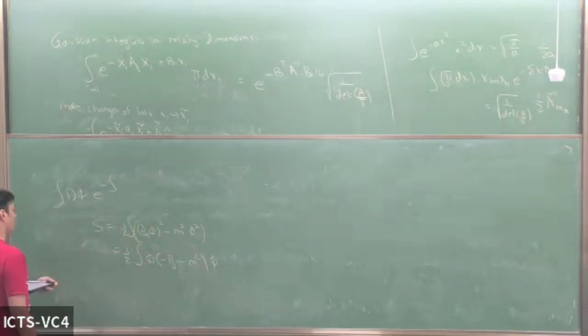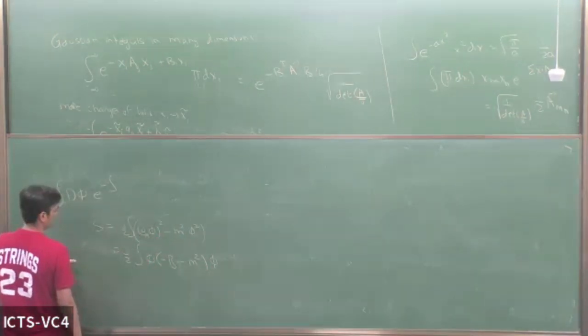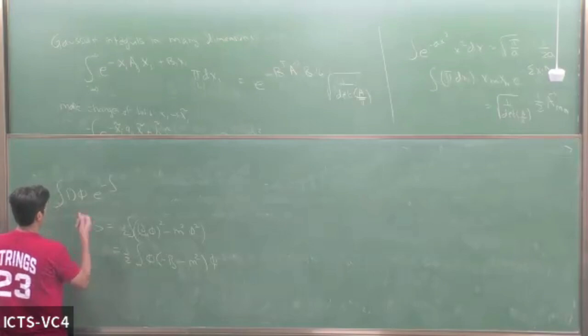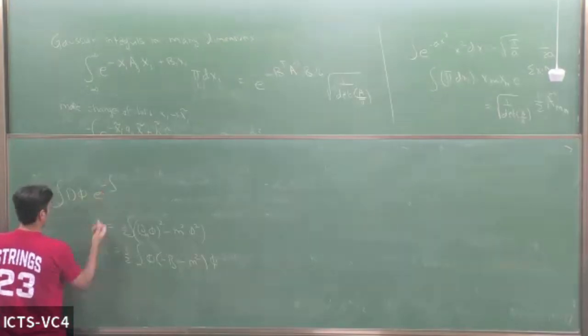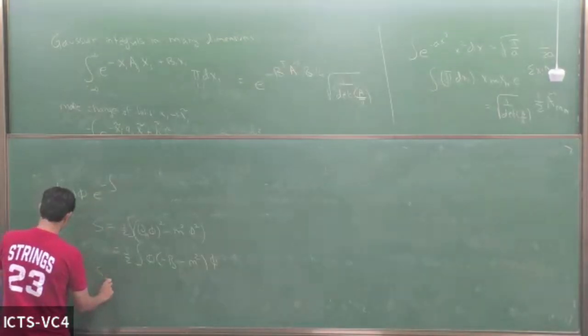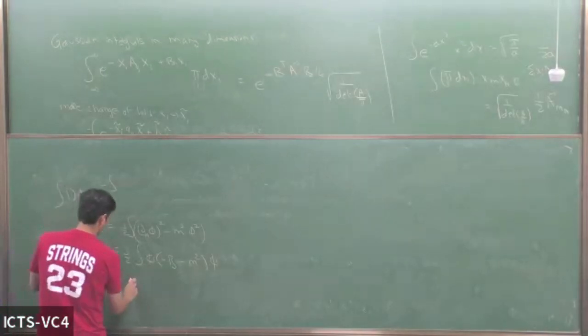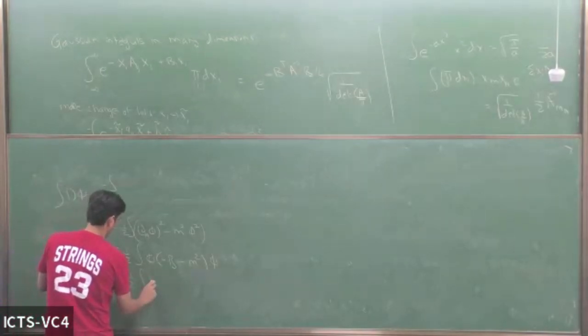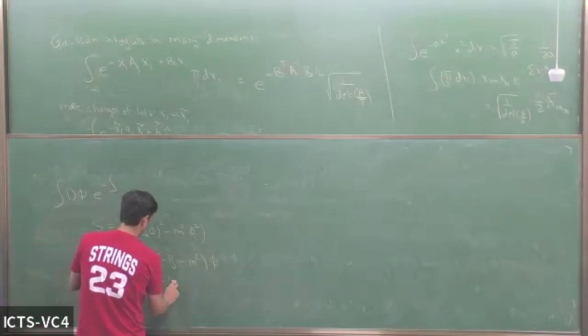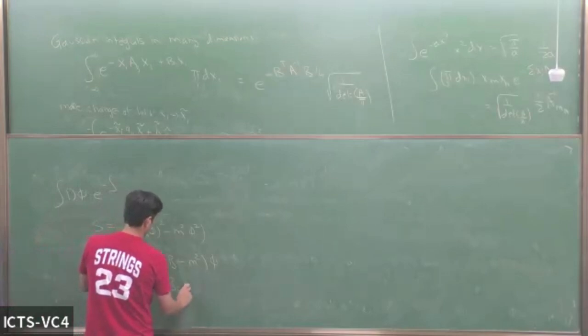So the Euclidean action here looks like half of the integral of phi times minus box Euclidean plus m squared times phi.